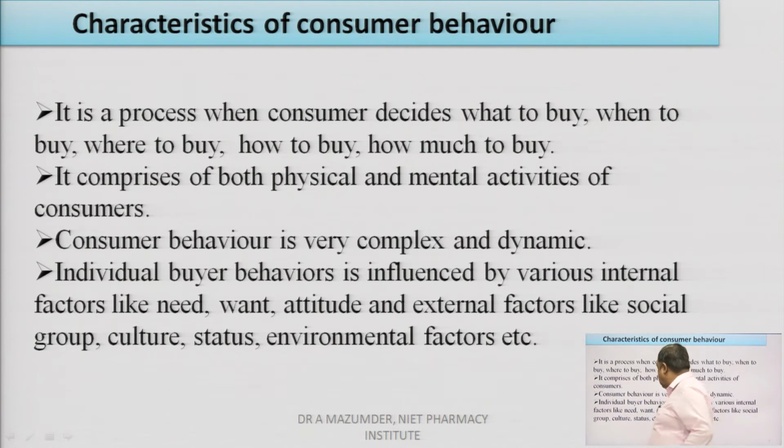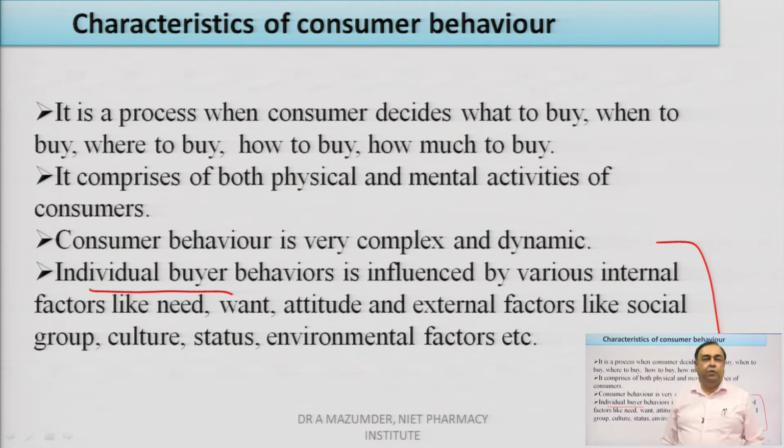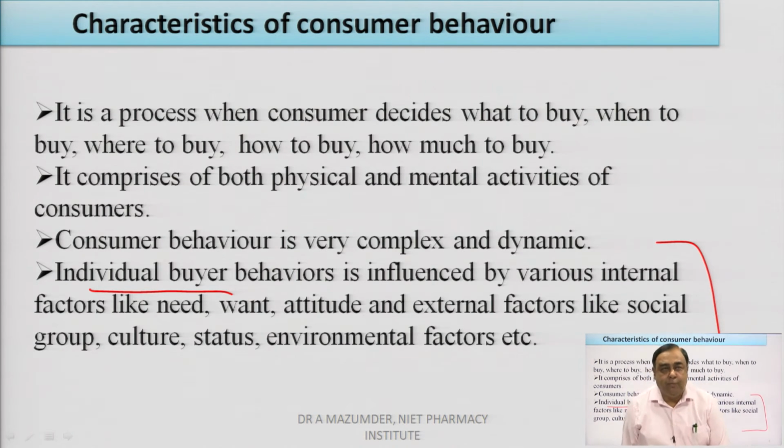Now, these are the various factors which govern the decision of an individual whether to buy your product. If the answer is yes, then when to buy your product, why to buy your product, from where to buy your product, how much amount they will decide to buy, how much price they will pay, everything depends on these factors.